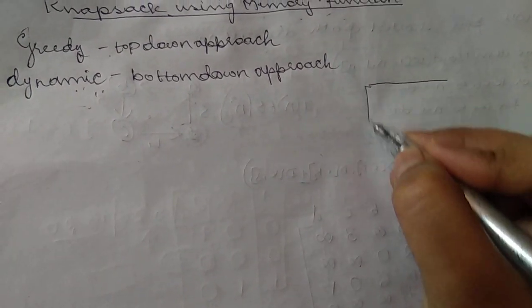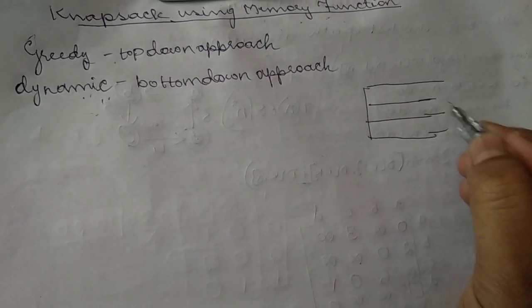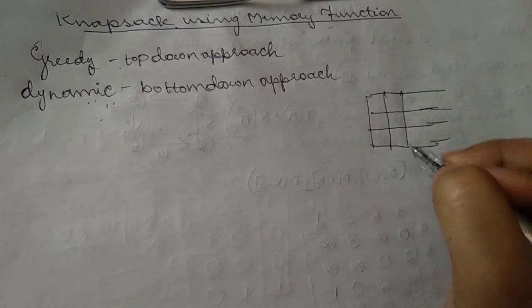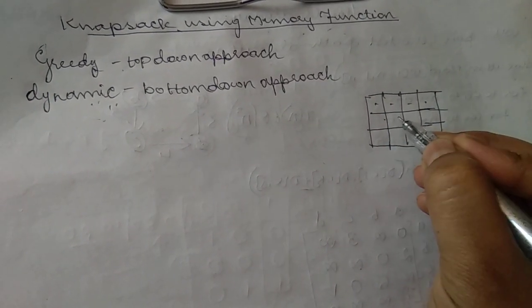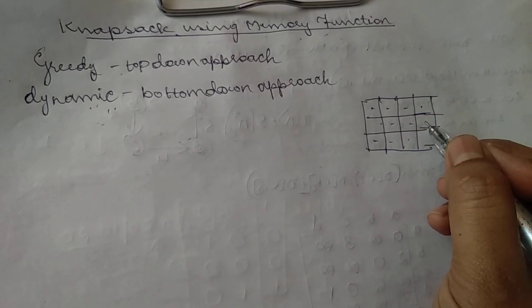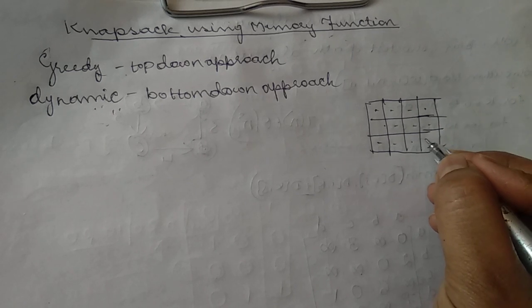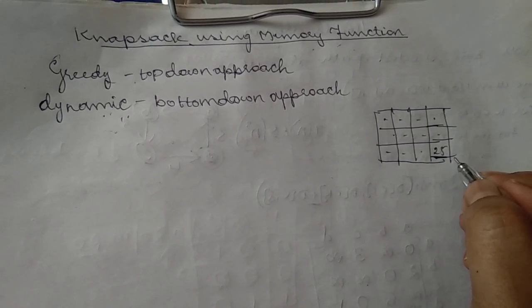Yesterday I showed you the knapsack problem. For example, if I have a table in matrix format, all the cells have to be filled with values which are solutions for the subproblems, and here I get one value, which is considered the optimal solution.